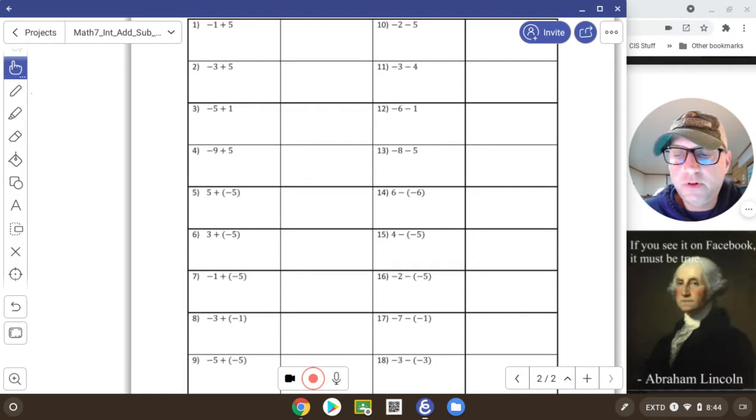So the first thing, if you haven't already had the opportunity, I would like you to do is on a regular lined sheet of paper, if you don't have this worksheet, write down these 18 quick little add and subtract problems. And give yourself a little room. Don't write the problems on consecutive lines.